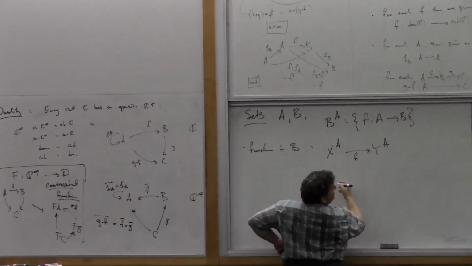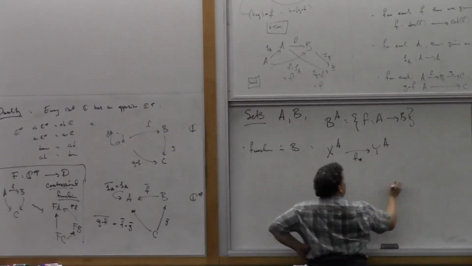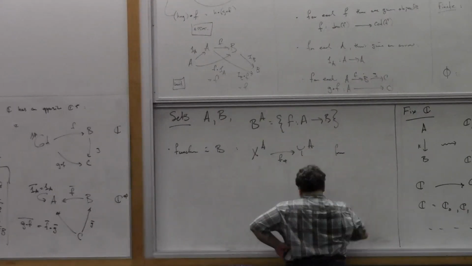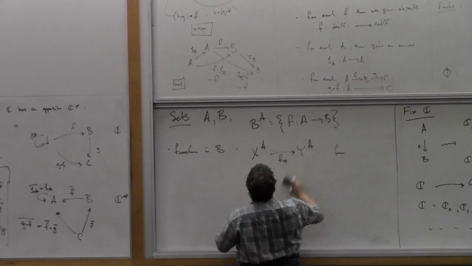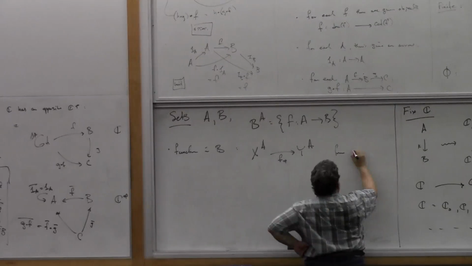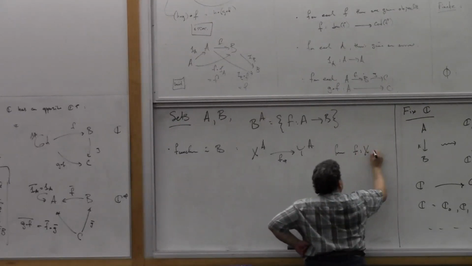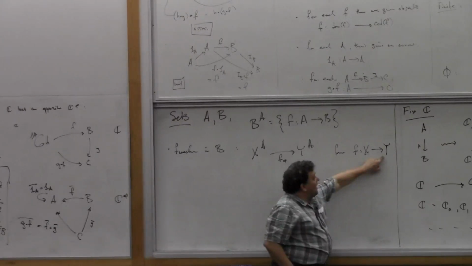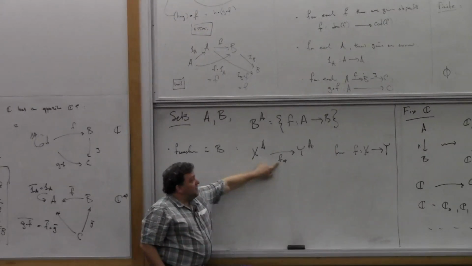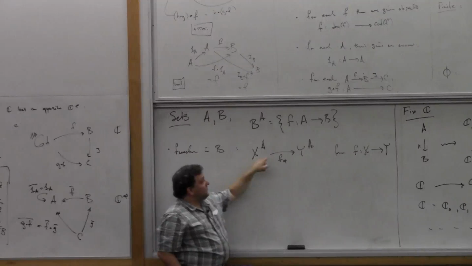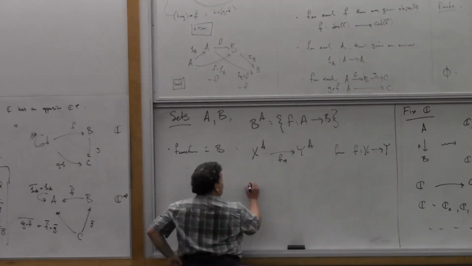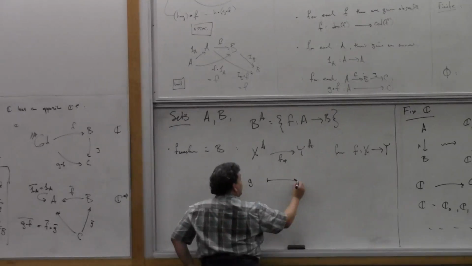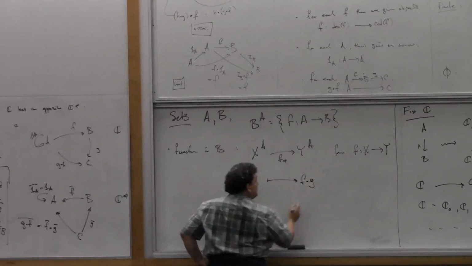Given any f from X to Y, there's an induced map f lower star from B^A into B^A, sorry, from X^A into Y^A. What does it do? Well, it takes some g here and maps it over to f after g.